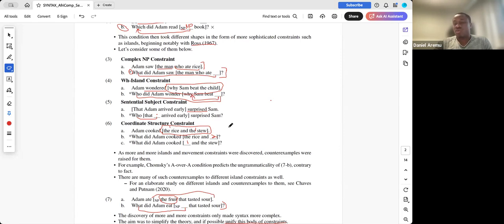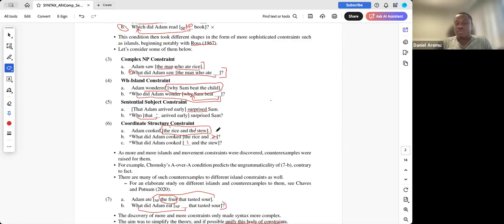So for example, the coordinate structure constraint, for sure I know that one. In many of our languages, we can use a resumptive pronoun to repair. There's something we call island repair, where you can repair these islands with a resumptive pronoun. So for example, in 6b, what did Adam cook the rice and eat?